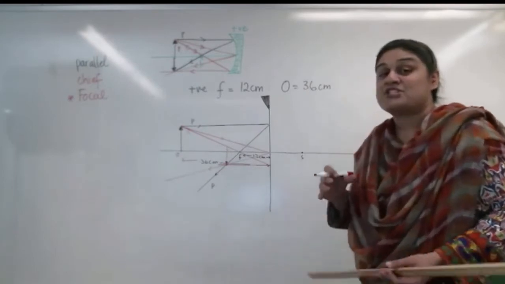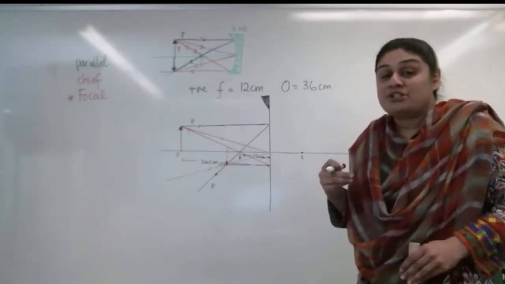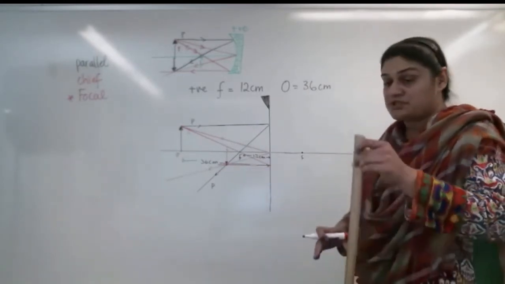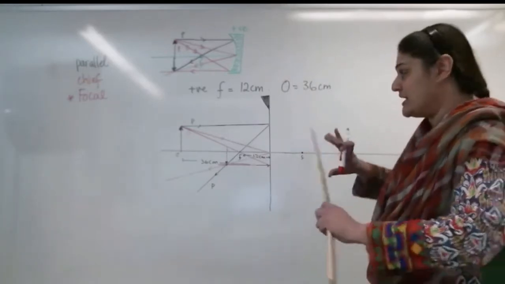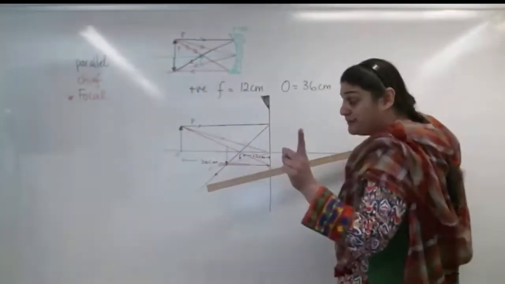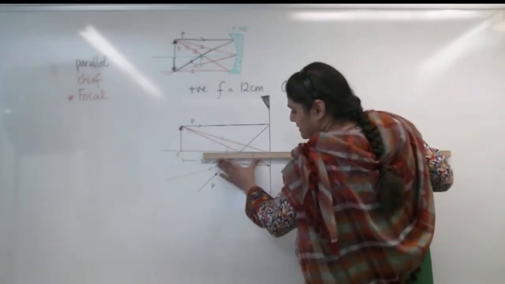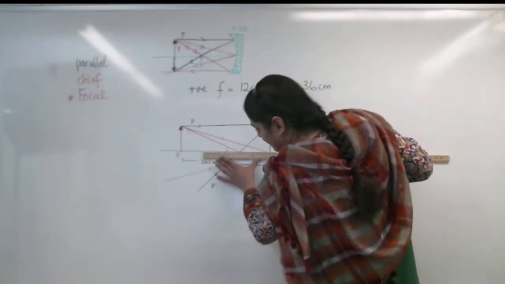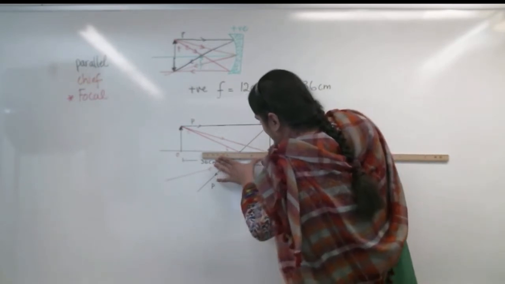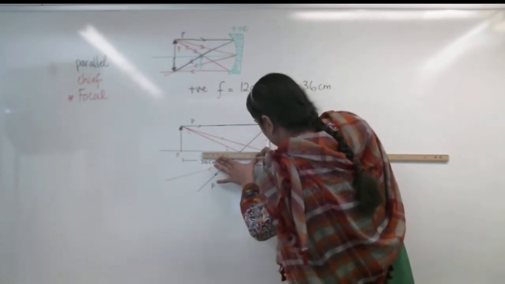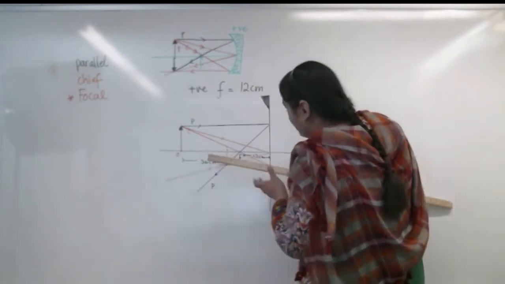Now what is my image distance? It says find the position of the image. So how do I find the position of the image? I literally just measure. Again, remember, everything is measured from the lens or the mirror. So I'm just going to measure this. This is going to be, if I put this at 90, 10, 11, 12, 13, 14, 15, 16, 17, about 17.5.